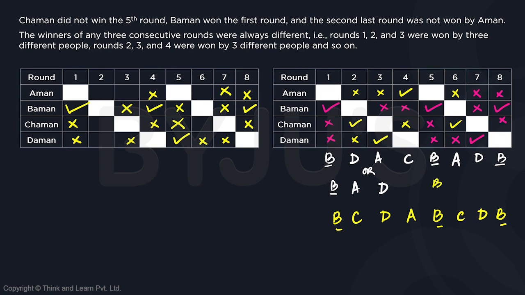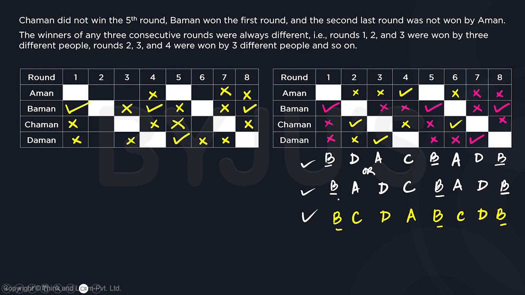So this one is going to be B. This one is going to be B. This one is going to be D. And the scenario was this was going to be A. And if this is A, this is going to be C. So we can have B, D, A or we can have B, A, D. Okay, fine. So these are the three possibilities that we are going to have for each of these 8 rounds.